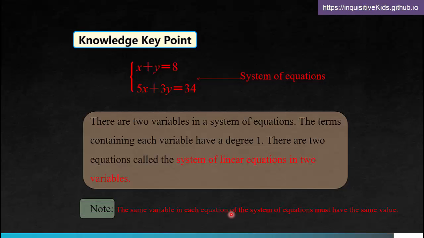Note, the same variable in each equation of the system of equations must have the same value. So it means that, for example, I can't have 2 and 6 for x and y up here, and then have 3 and 4 for this down here. No. So x and y in both of these, if this is grouped up together in a bracket, represent the same values.